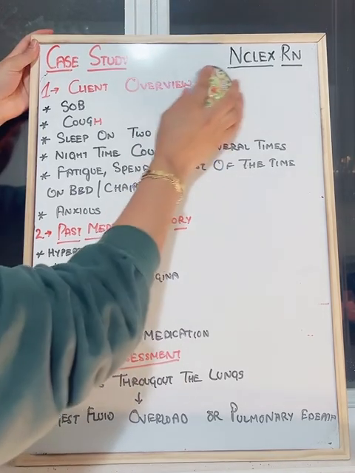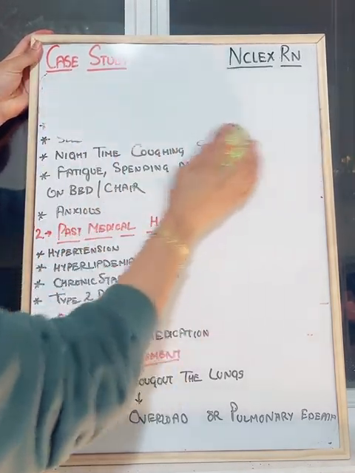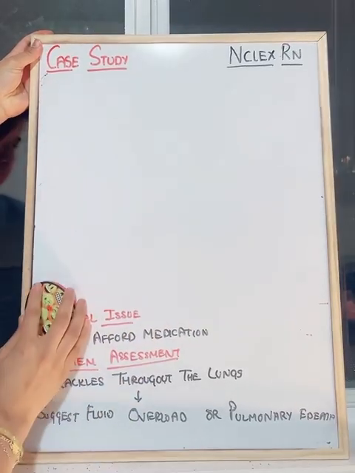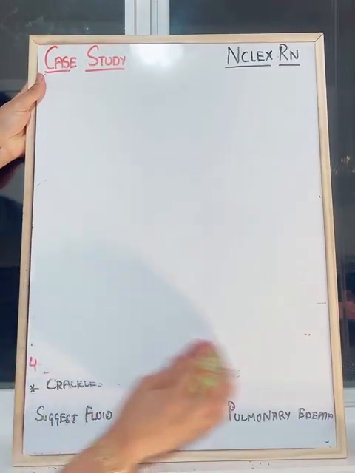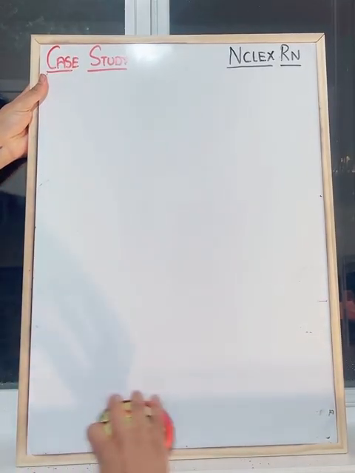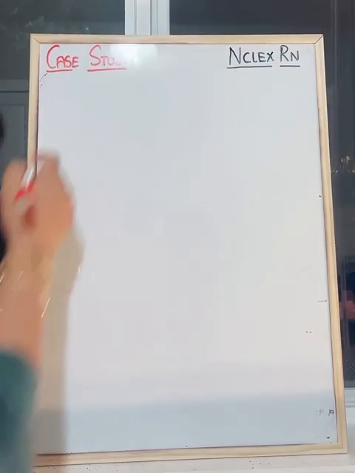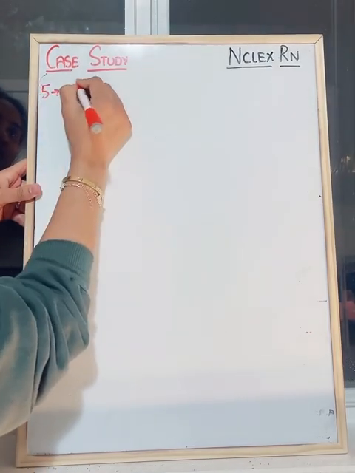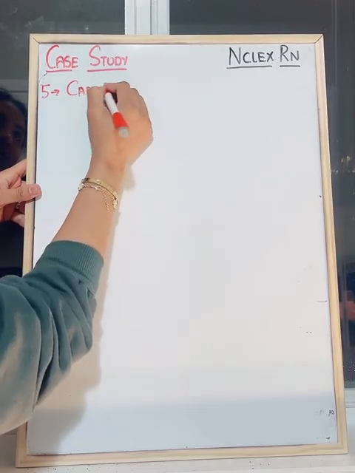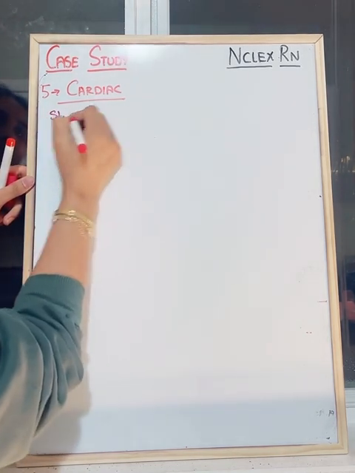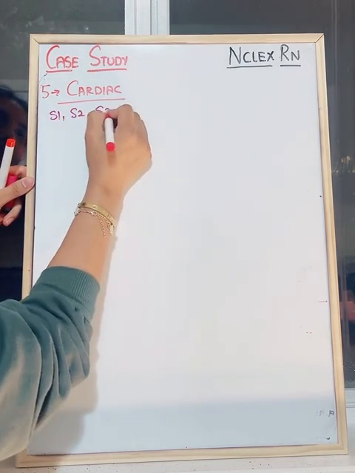Next is cardiac. That shows us S1, S2 and S3.